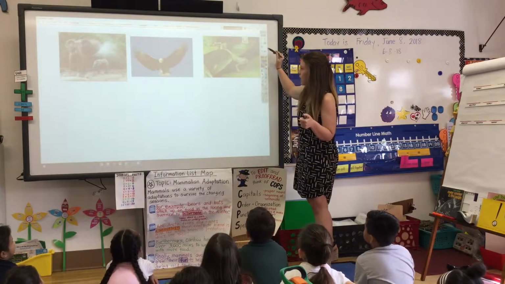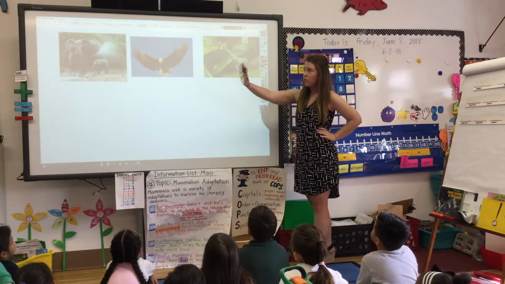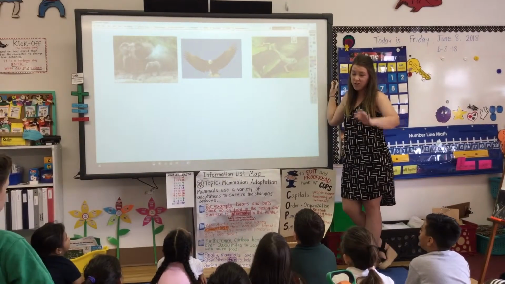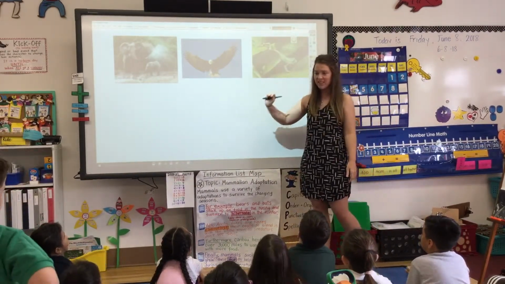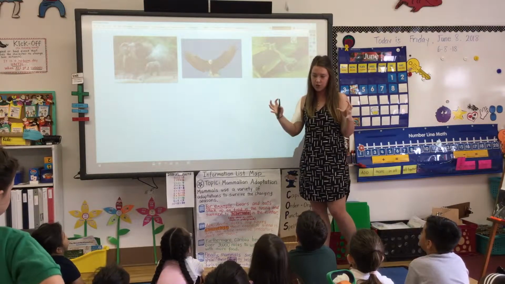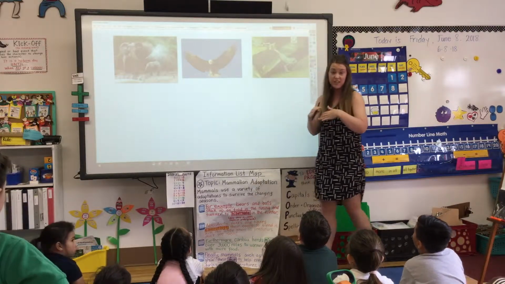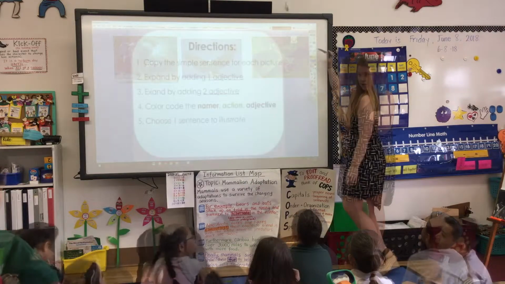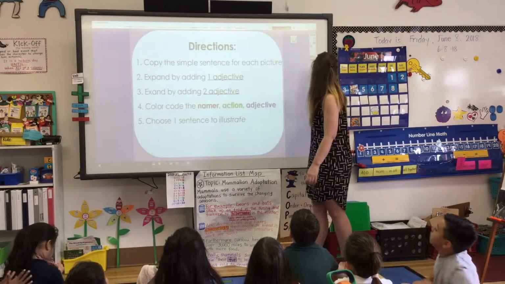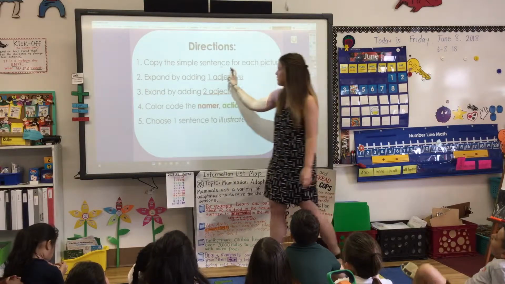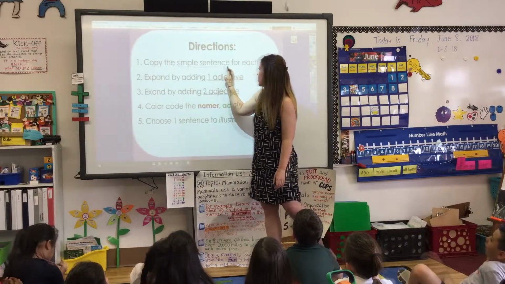So your job at your seat is going to be looking at these three pictures. We're going to come up with the simple sentences ourselves. Your job is to expand them and make them juicier. And then we're going to share because everyone's sentences are going to be different. So let's go over our directions. The first thing you're going to do is copy the simple sentence for each picture.